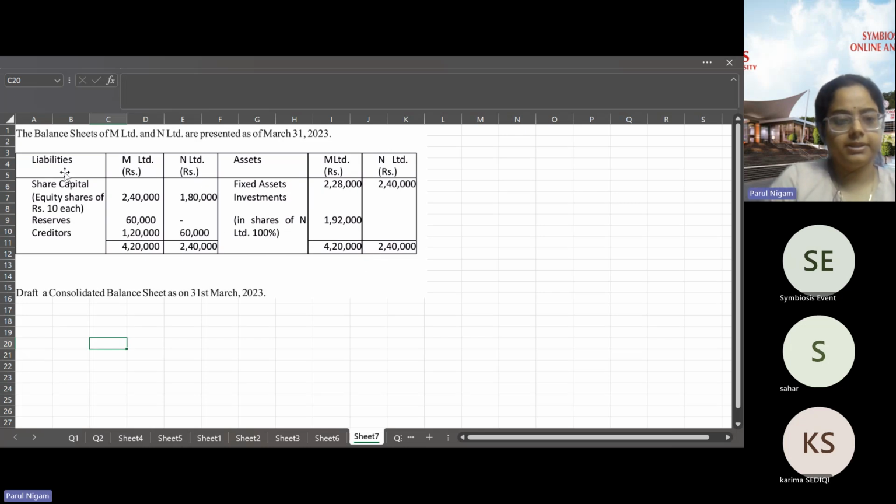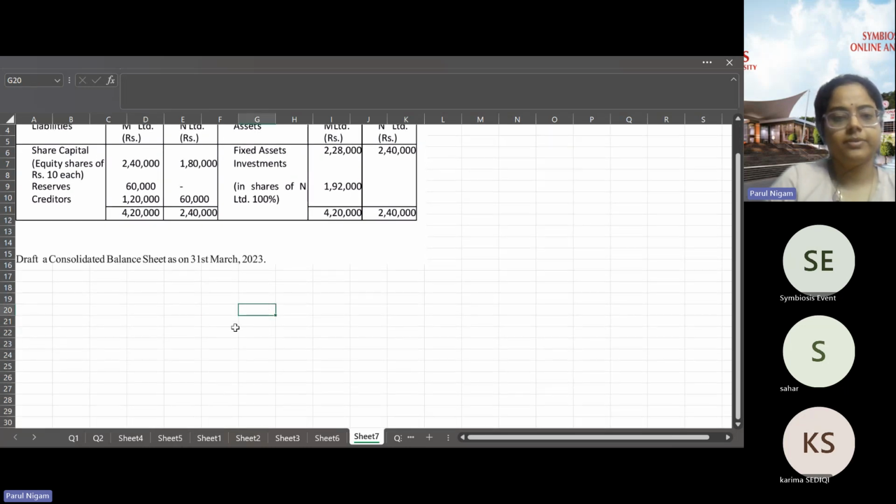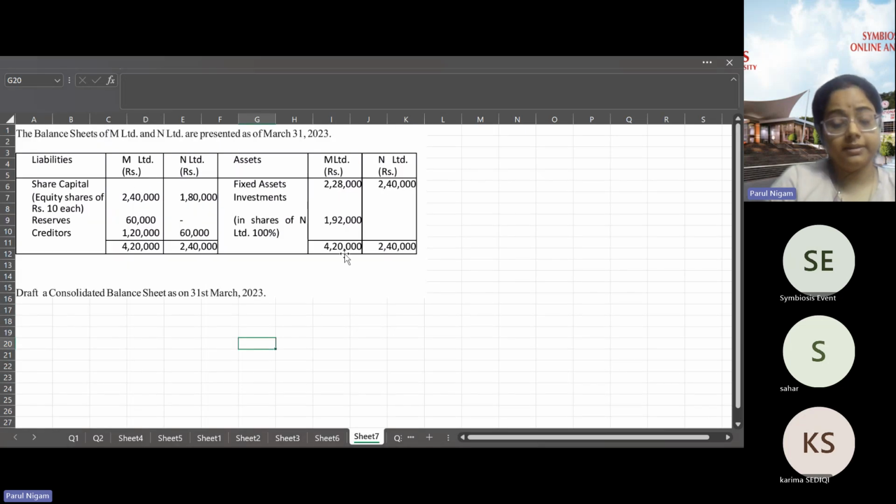Then if you come to the liability side, we have share capital, reserves, and creditors. And we need to draft a consolidated balance sheet as on 31st of March 2023. So first, we are going to compare the investment and the difference between the investment and the book value.